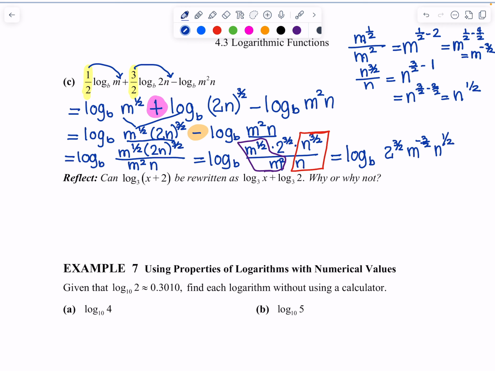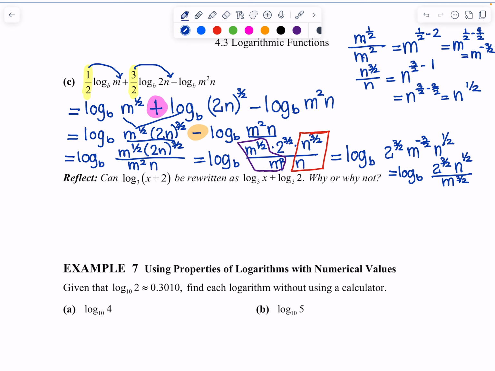That's how we can write it right now. But anytime you have a negative exponent, you need to flip it and put it at the bottom so it can be positive, because we want positive. So I'm going to rewrite that. Log base b, 2 raised to the 3/2. I'm just keeping that like that. Anything that's positive exponent goes on top. Negative exponent goes to the bottom, and when it goes to the bottom, it becomes positive.